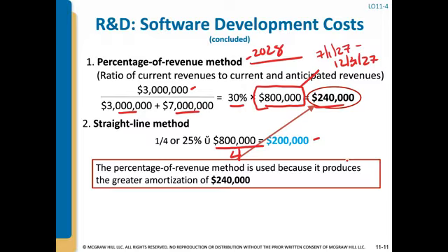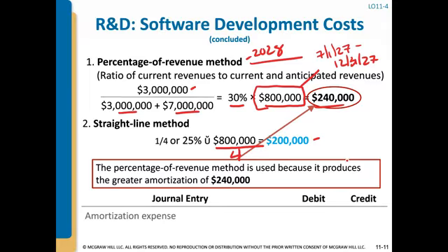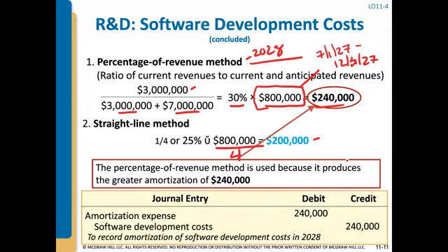We compare 200,000 versus 240,000, and the 240,000 is greater, so that's the amount that is going to be recorded as a journal entry. Debit amortization expense 240. Credit software development costs. Directly we're going to credit the asset for $240,000.